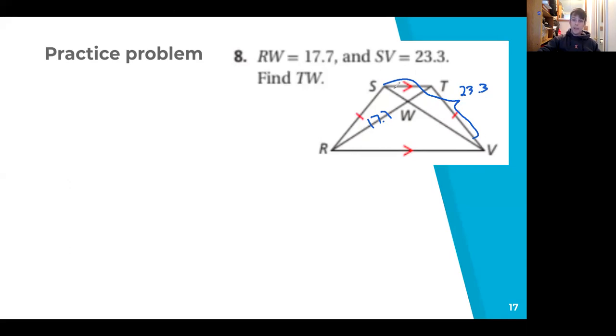So we know that the diagonals overall are going to be equal. So if we call TW x, we can say 17.7 plus x is equal to 23.3. Subtract this on both sides. So 23.3 minus 17.7 is 5.6. There we go. TW is equal to 5.6.